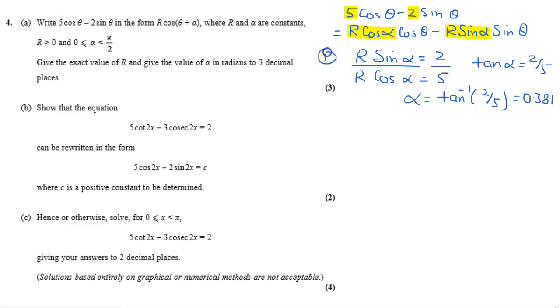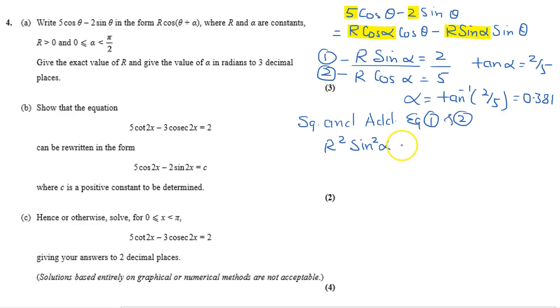Now suppose this is equation 1 and this is equation 2. So we square and add equations 1 and 2. So this is r square sin square alpha plus r square cos square alpha is equal to 2 square plus 5 square.